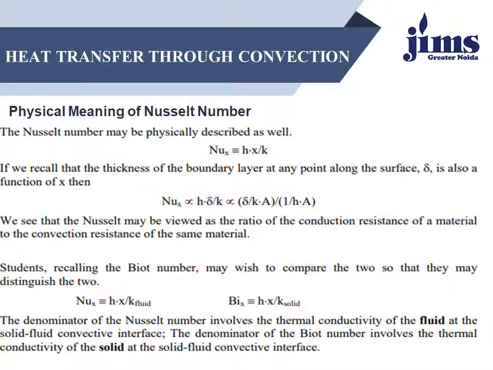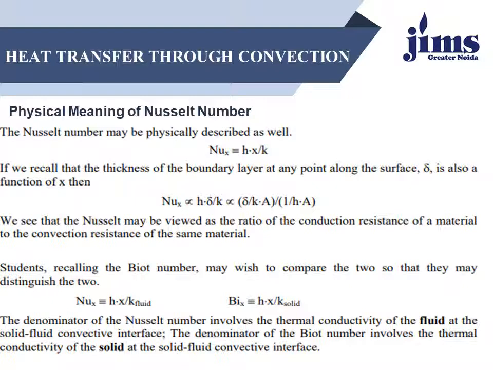If we recall, the thickness of the boundary layer at any point along the surface, the boundary layer thickness delta, is a function of x. So mathematically the local Nusselt number is directly proportional to h delta divided by k, or delta divided by k multiplied by A, whole divided by 1 by hA, where A is the surface area of the flat plate.